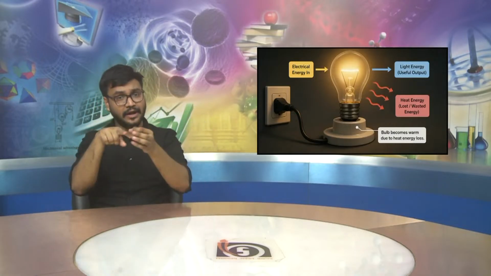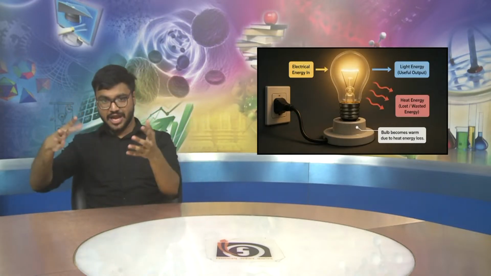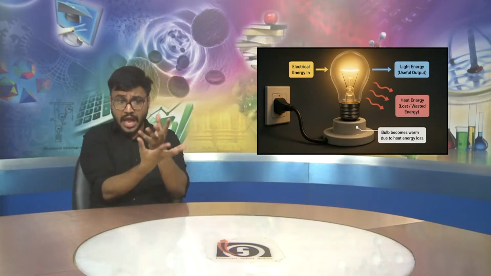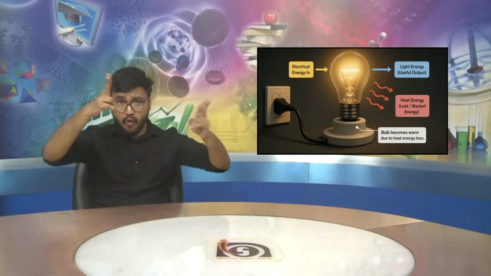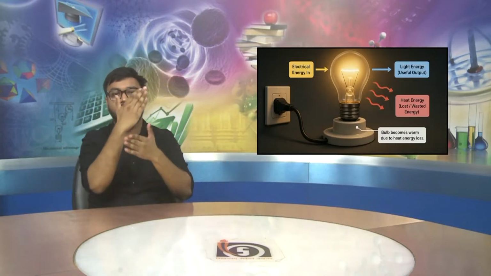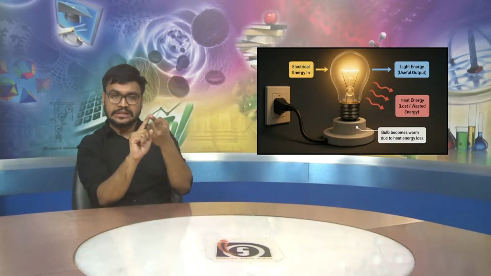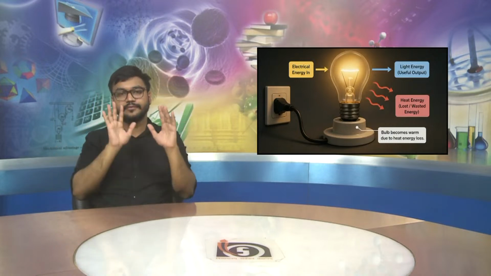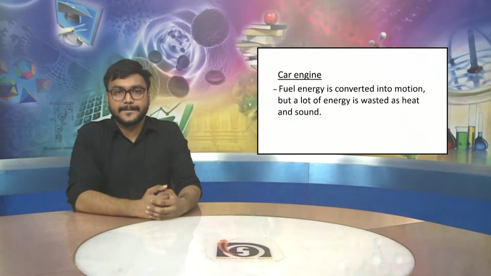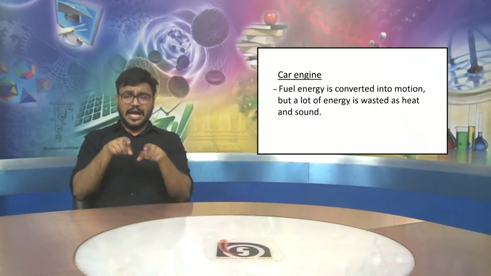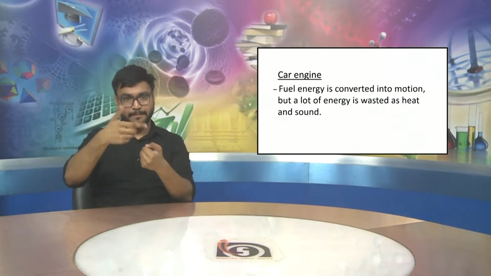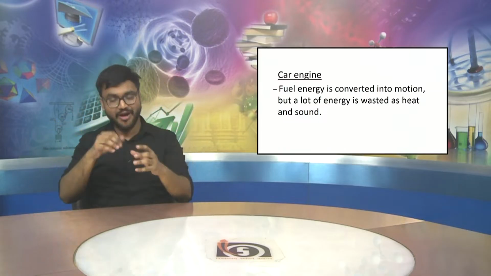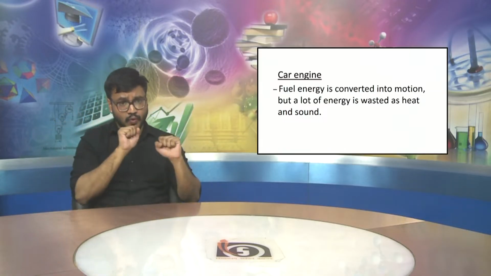There is a visual explanation of that example, which shows there is electrical energy and light energy. Another example is a car engine.